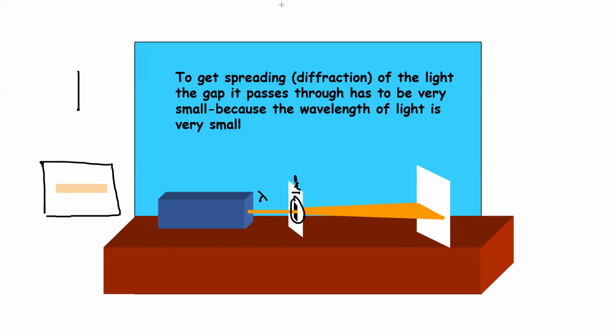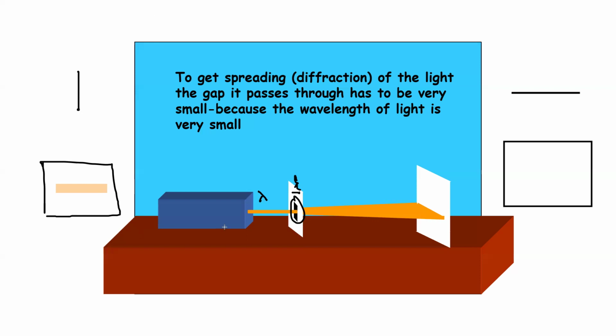But if the slit is horizontal like this, how will we observe the diffraction pattern on the screen? Remember, this is a spreading.